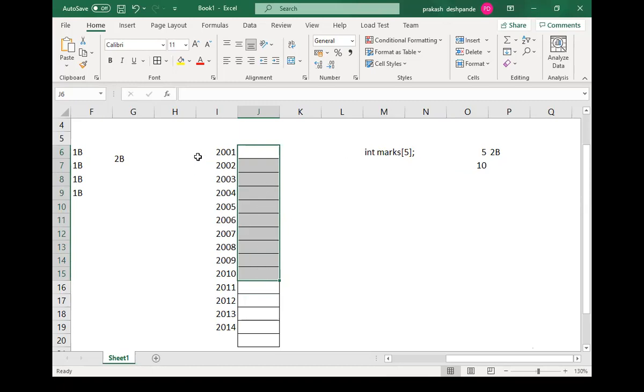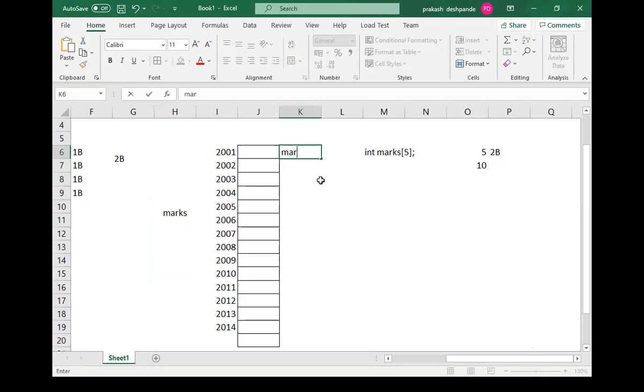So it will say, okay, this is marks, and all of marks will take these 10 blocks. It will take these 10 blocks and get allocated over there. Now inside this, we know the individual elements of this array.